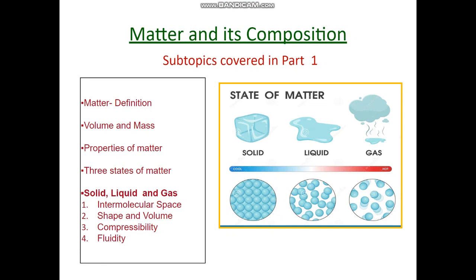Coming to the second figure, you will find molecules are a little bit farther from each other. In other words, you can say molecules have developed a little more intermolecular space in between them. Hence, liquids have less intermolecular force of attraction as compared to solid molecules.